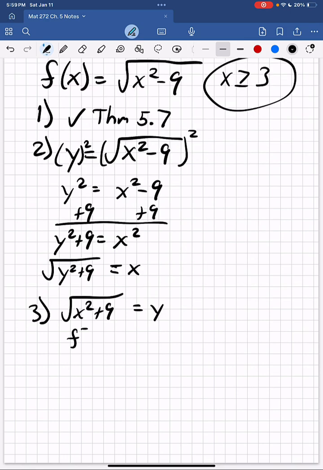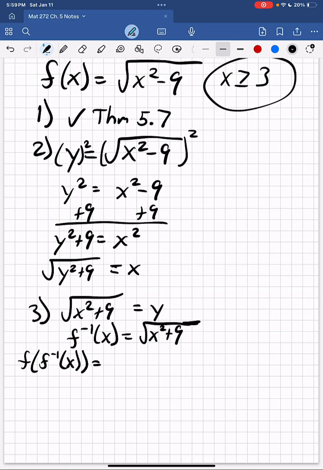So now I have my inverse function. I don't have to worry about defining the domain, because no matter what, it's always going to be positive here, so it's not going to change anything. Now I want to verify by plugging the inverse back into the original function, and I should get out x after I simplify.